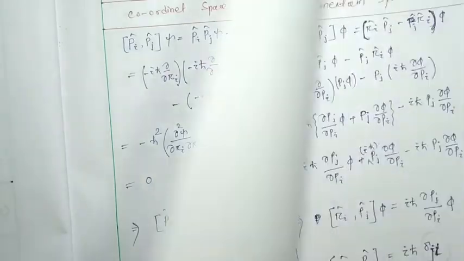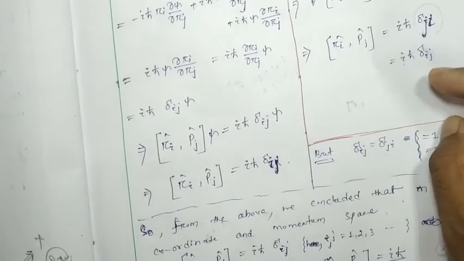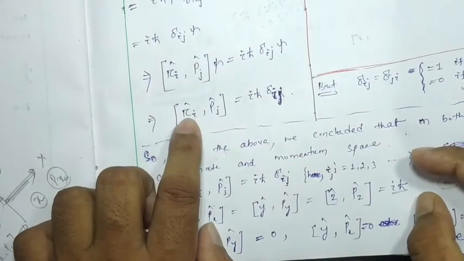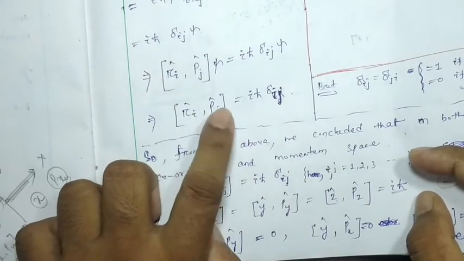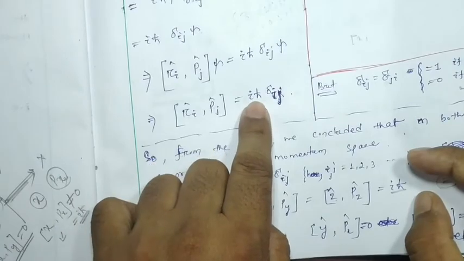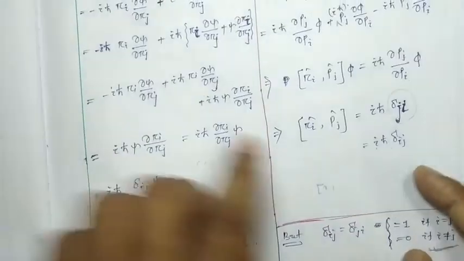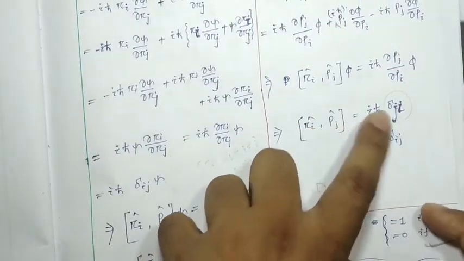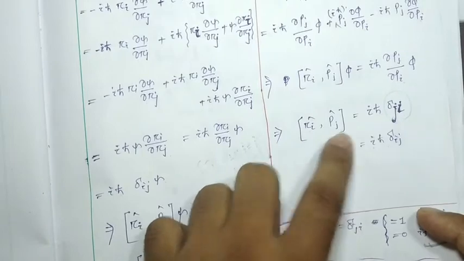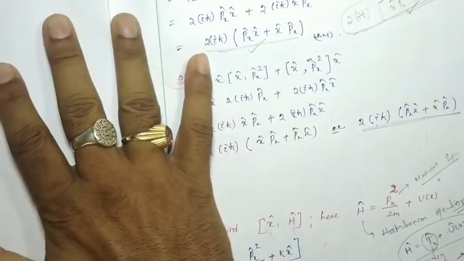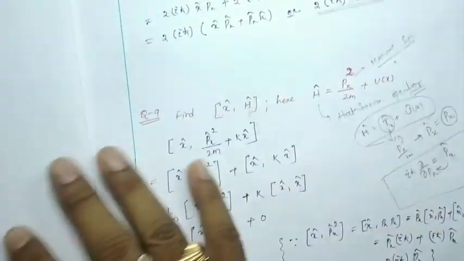But if we consider the same component of position and momentum, suppose x and pₓ, it will be iħ. In momentum space also we found that x, pₓ will be equal to iħ and others will be 0. We verified that in detail in our last class.